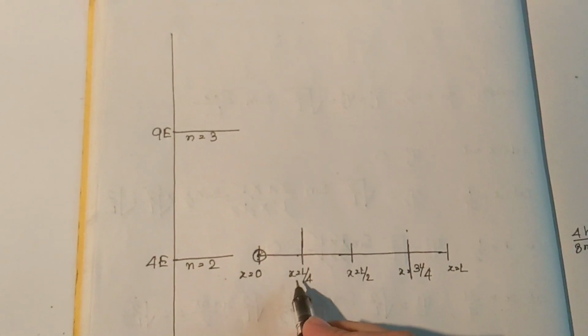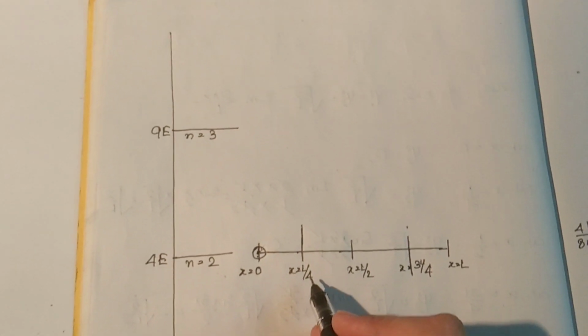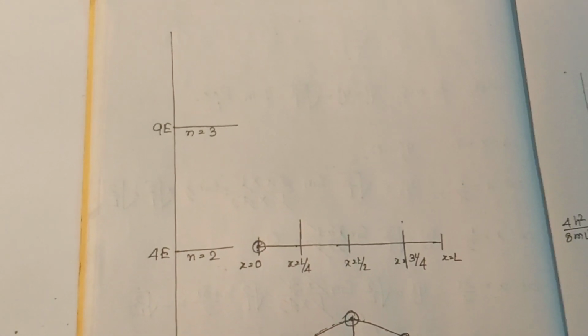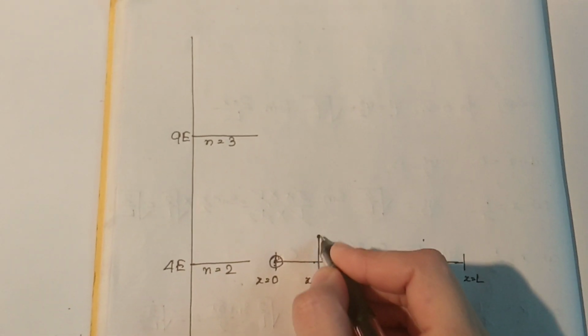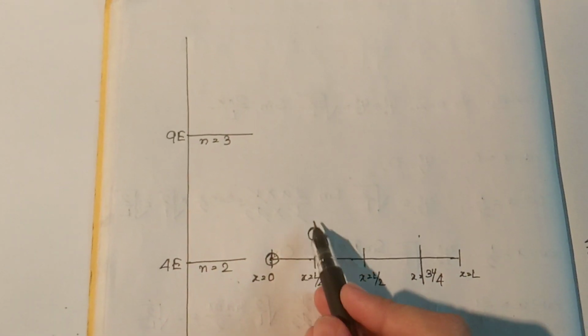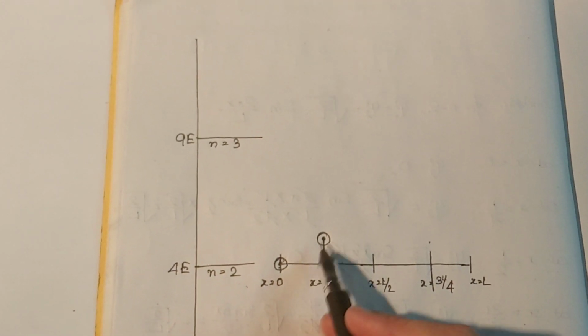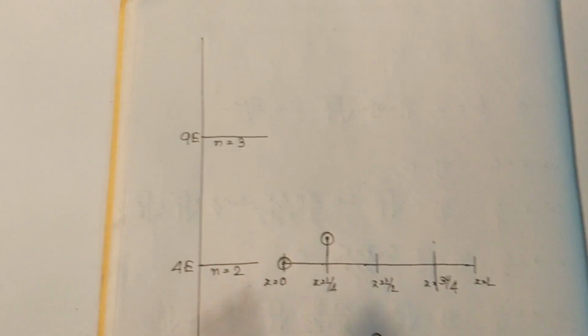When the value is L by 4th, meaning at 1/4 position of the length, then we can say that the value will be at a certain height, and we are considering the value of square root 2 by L to be at a certain height at this position.